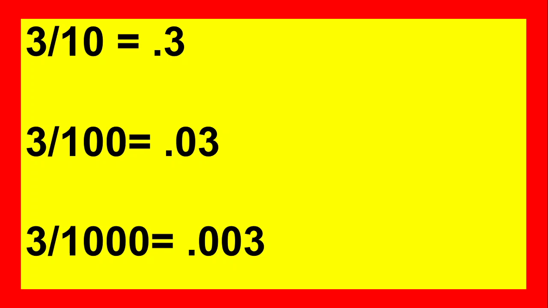We put 2 zeros to make it 3, counted from right to left, and made it 3. You see, 1, 2, and 3. Because there were 3 zeros in the denominator, we put the decimal point after 3 digits. So this is the new format, the new fraction 0.003, which is equal to 3 divided by 1000.